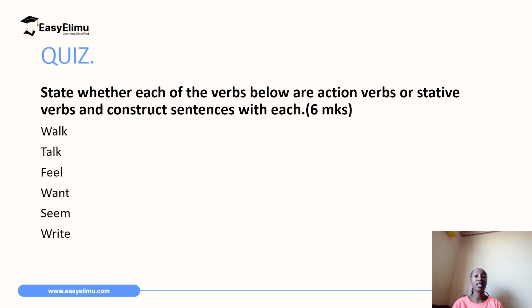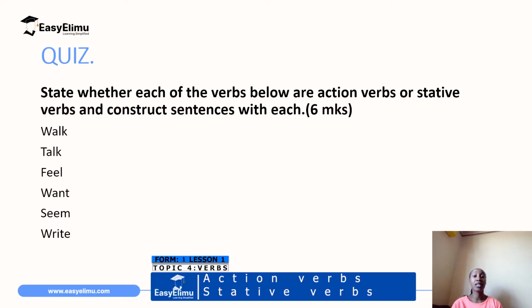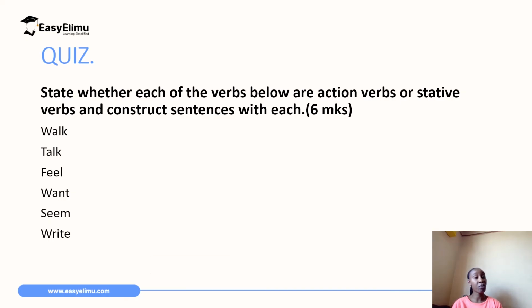Remember, we have said that the main difference between these two verbs is that action verbs can be used with all tenses, but stative verbs can only be used with the simple tense and the perfect tense. We can't use stative verbs with the continuous tense.